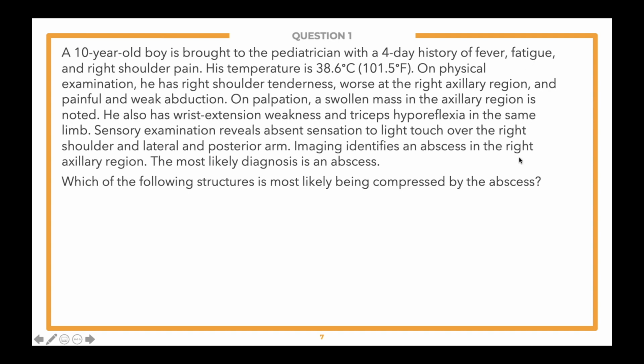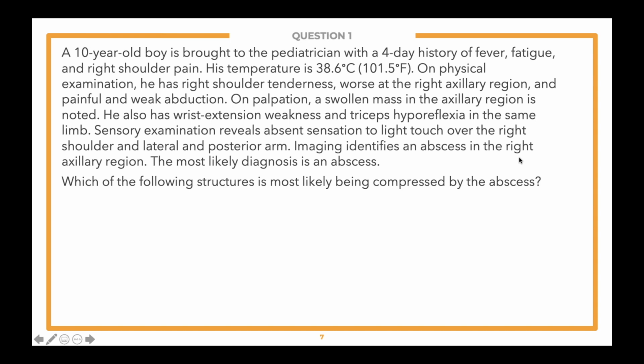Let's take a look at that vignette. A 10-year-old boy is brought to the pediatrician with a 4-day history of fever, fatigue, and right shoulder pain. His temperature is 38.6 Celsius or 101.5 Fahrenheit. On physical examination, he has right shoulder tenderness, worse at the right axillary region, and painful and weak abduction.